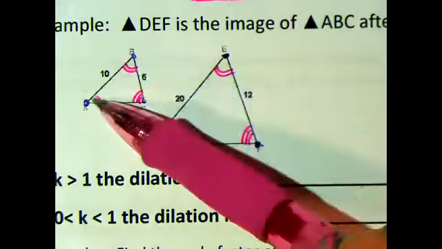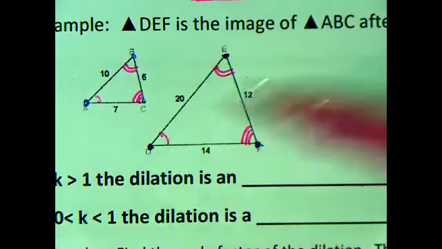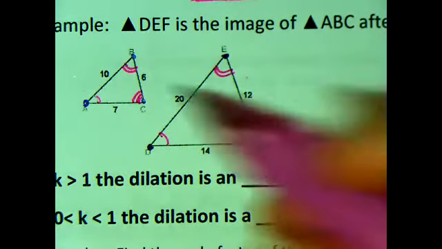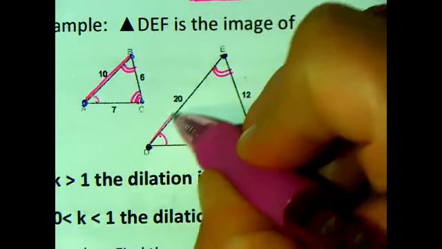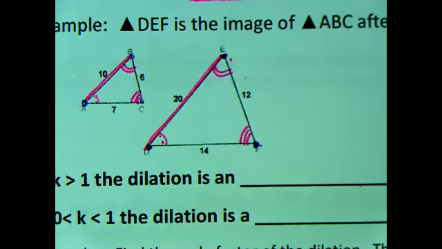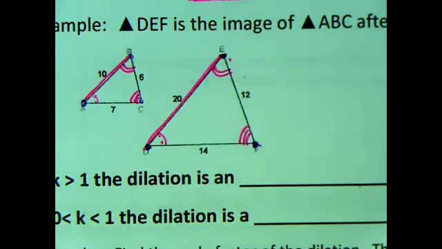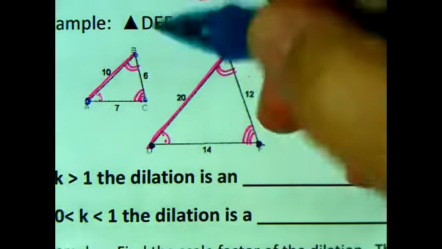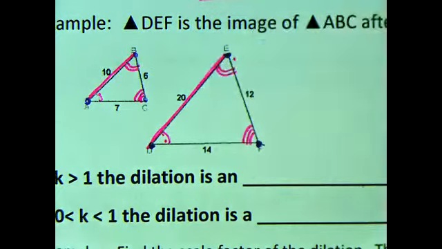Well, the sides between the same 2 congruent angles are corresponding sides. So that means that AB is corresponding to DE because angle A is congruent to angle D and angle B is congruent to angle E. And then we have side BC here.